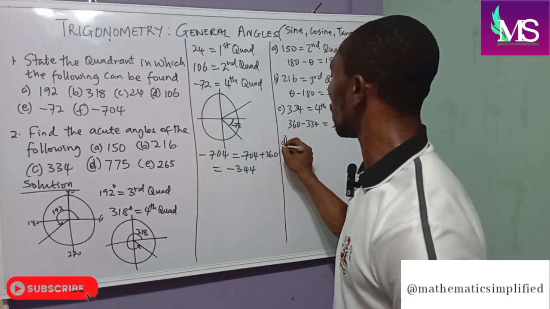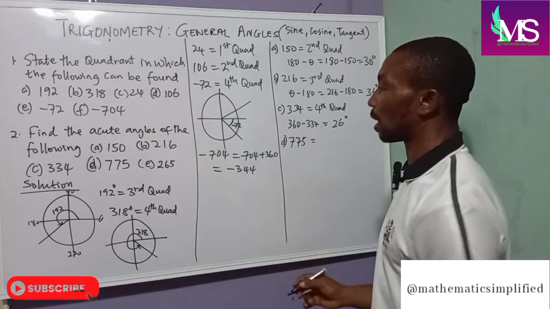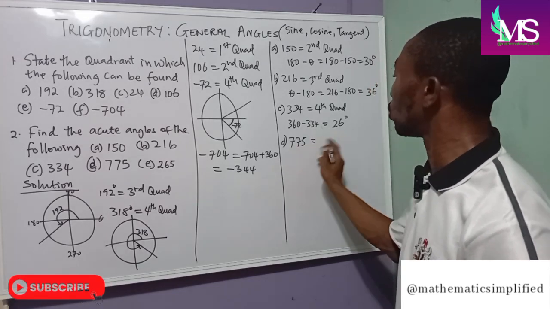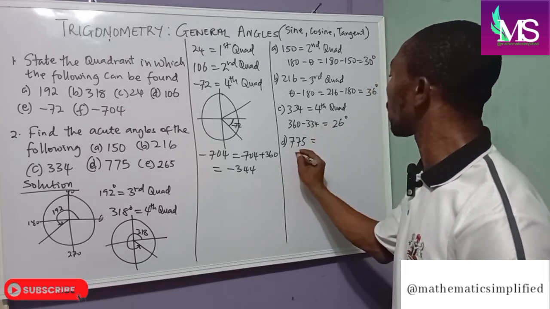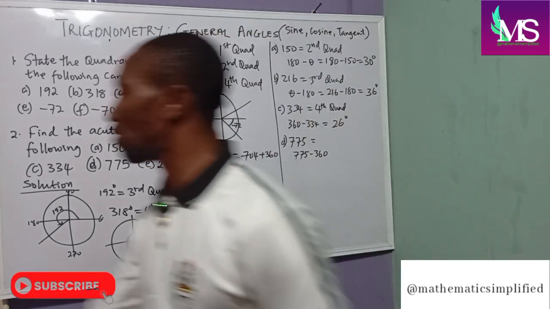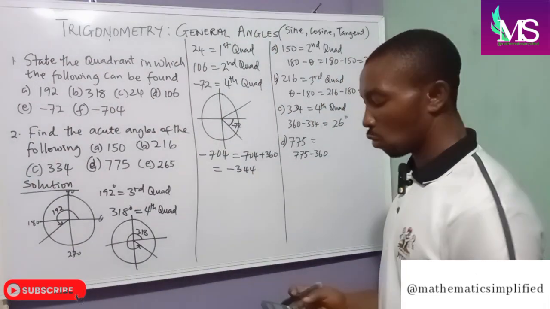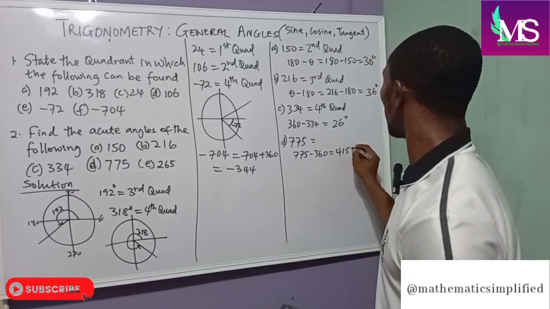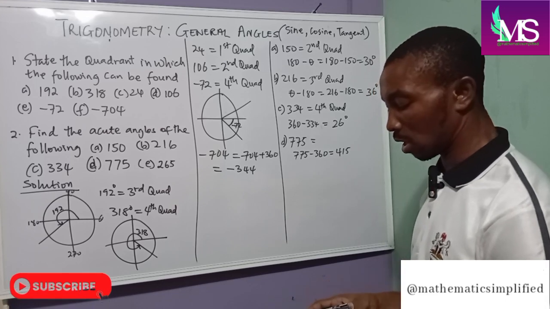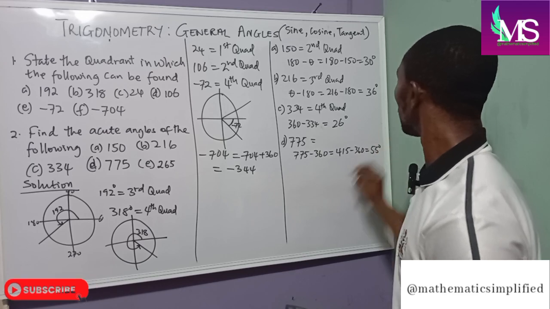Now, D says 775 degrees. Now, 775 is greater than 360. So, for us to find our acute angle and know the quadrant in which it will lie, we can do 775 minus 360, which will give us 415, which is still greater than 360. So minus another 360, we are having 55 degrees.